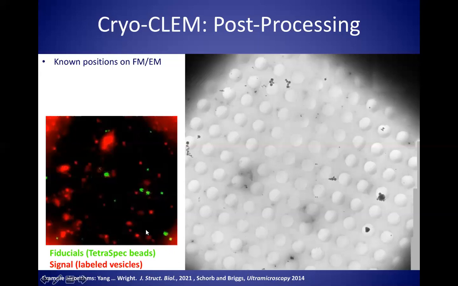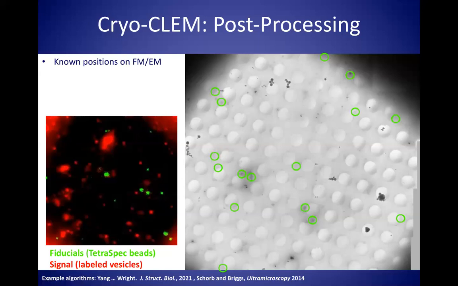So I begin by identifying known positions on the fluorescence and the electron micrograph. So if you're using fiducial beads, you can do it either by eye, click and point, or you can also do centroid finding or some other method. Another method that's becoming popular is centroid finding on these grid holes.